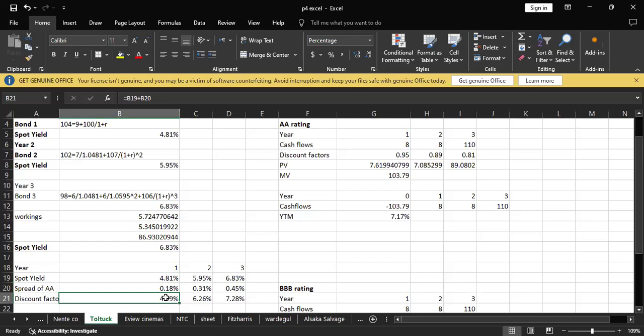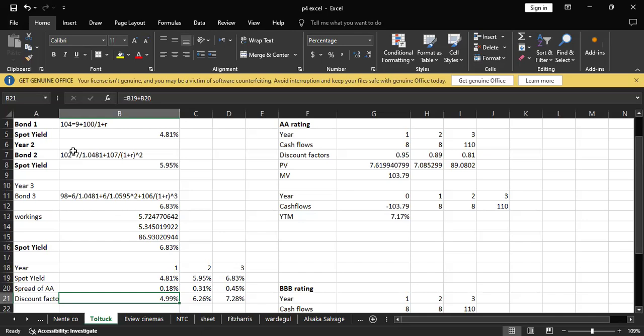The only difference between this question and the previous question, the Levante company, is that in the Levante company you had been given the spot yield. In the question of the toll tax company, the spot yield was not given. The examiner provided you the bonds. With the help of these 3 bonds given, we will compute the spot yield curve for the 3 years.